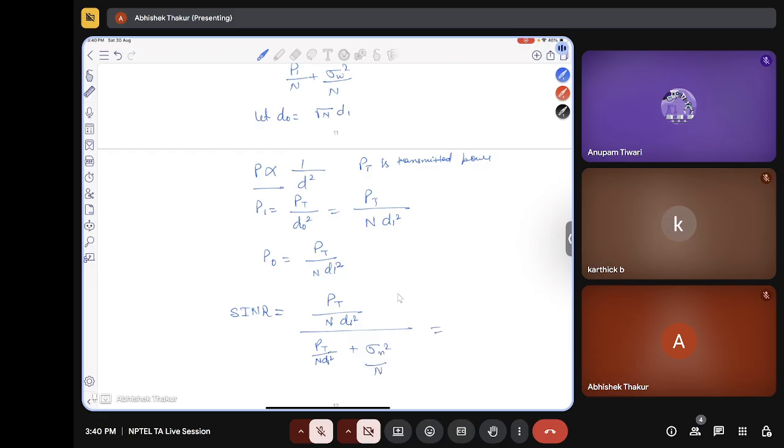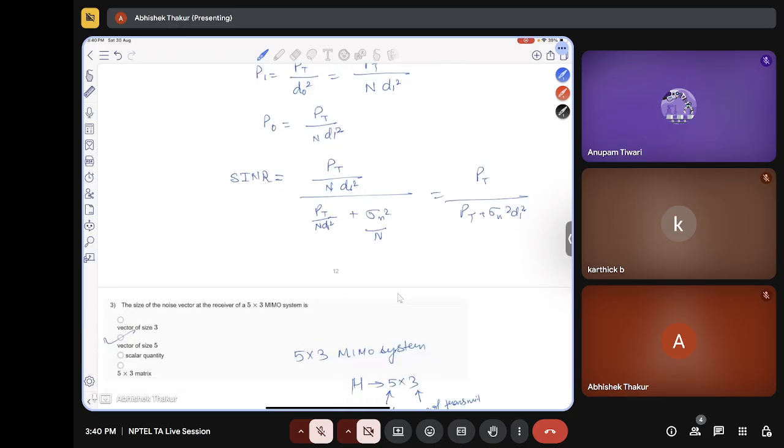So this we can write as Pt by Pt plus sigma n square d1 square into n, and n will get cancelled. So here we can see both signals have the same transmitted power, so the interference signal is equal to the signal. It is a very strong interference here.